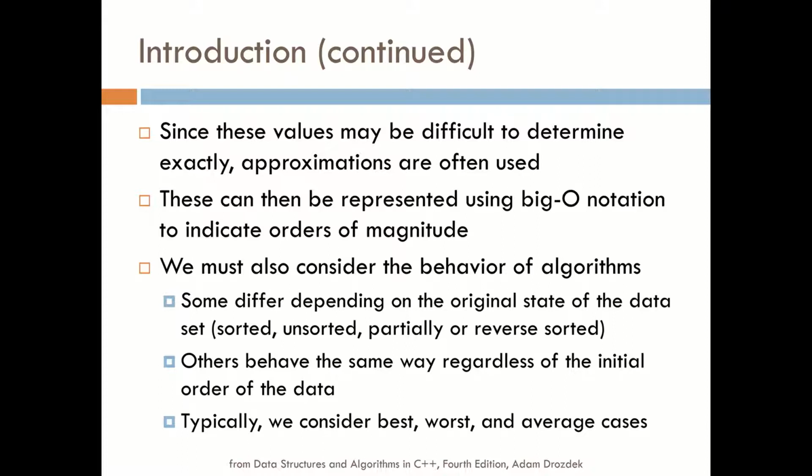So we will look at the algorithms in terms of, again, best case, worst case, or average case. The best case is usually fairly straightforward to determine, but it is also not of great use. And the average case can be a little bit difficult.